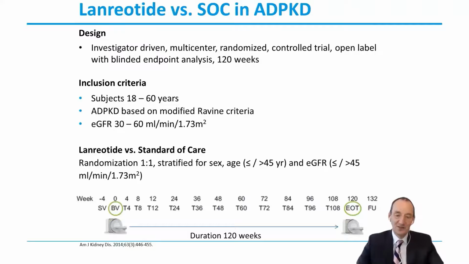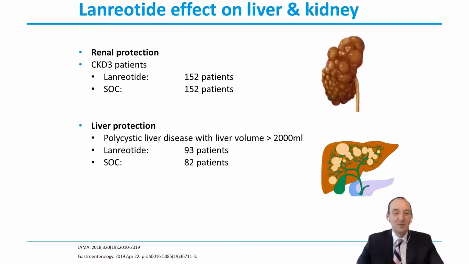We scanned patients at baseline as well as after 120 weeks. We selected in total approximately 300 patients for the renal protection part of our study, and approximately 170 patients for the liver protection part of our study.